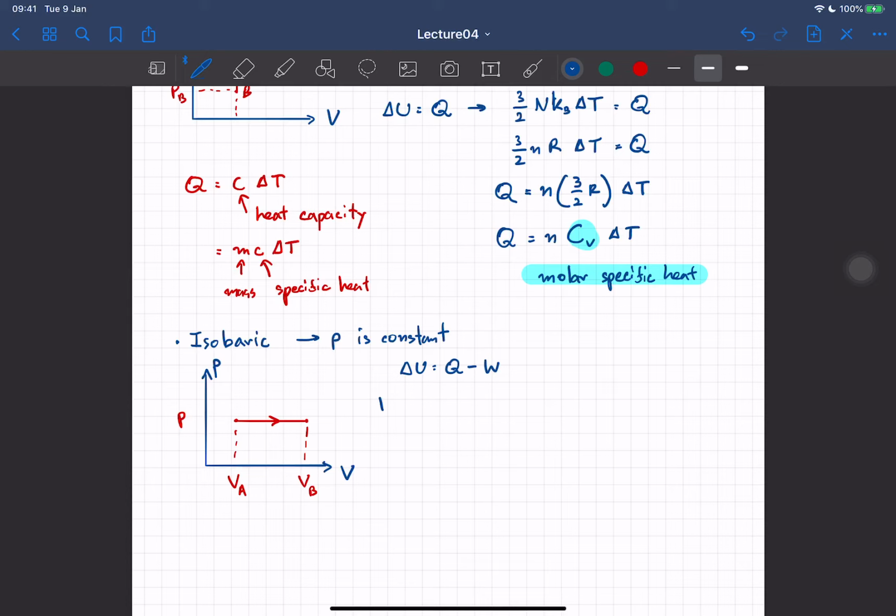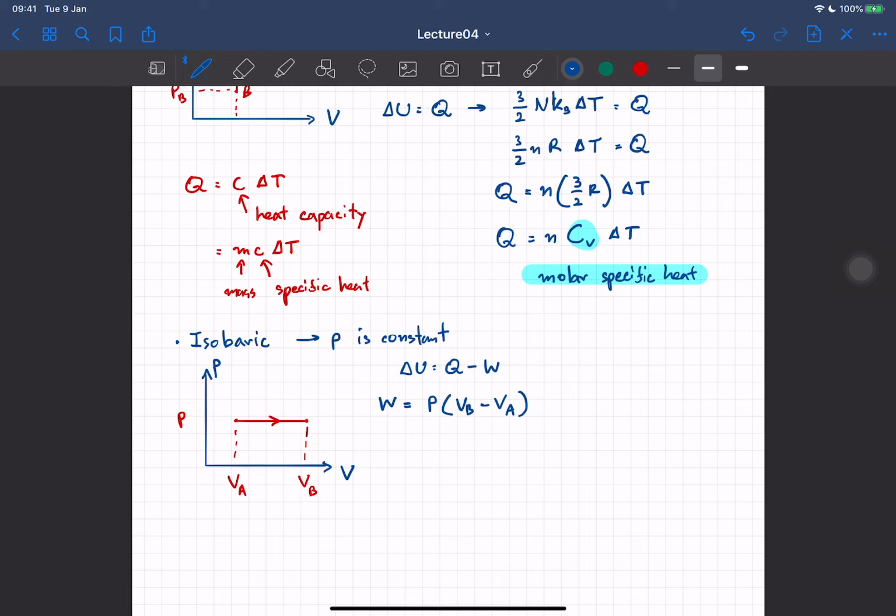Let's talk about W here. W is just the area under the curve, so it's essentially just P times (VB minus VA). Exactly the same as what we did on the earlier page.